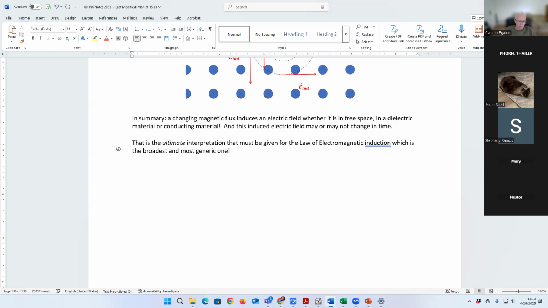Remember also, if you introduce an electric conductor in this magnetic field, the induced field will power an electric current in the conductor.